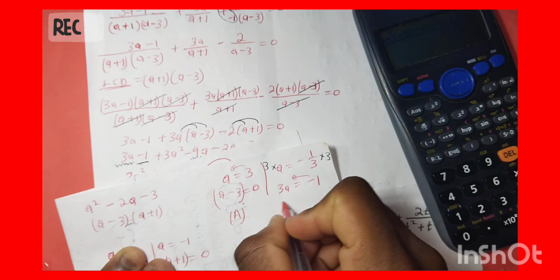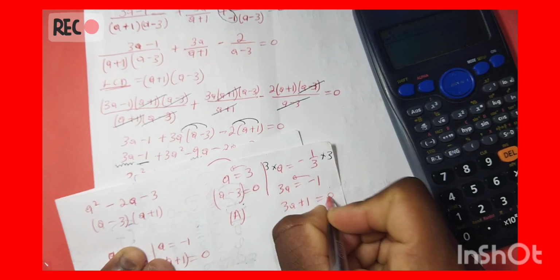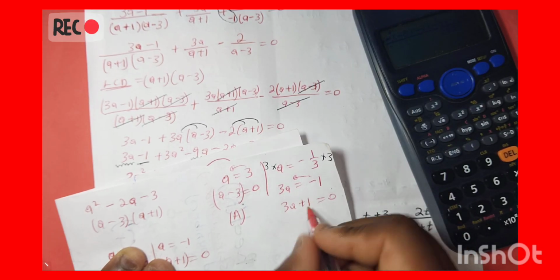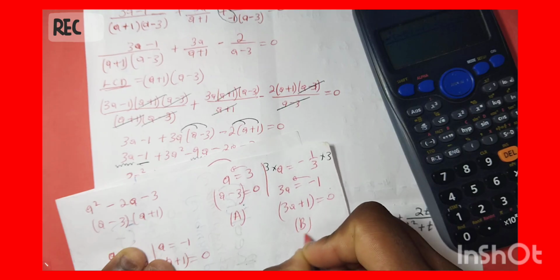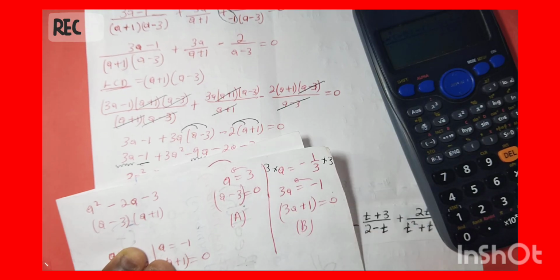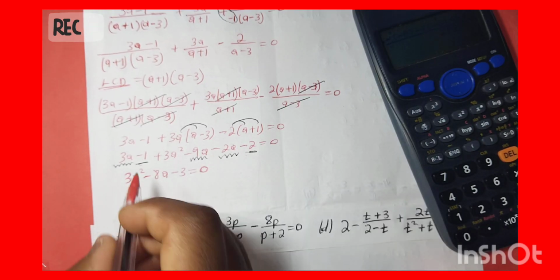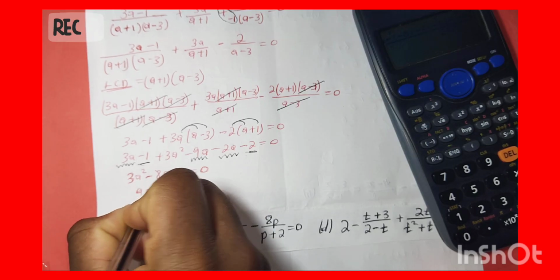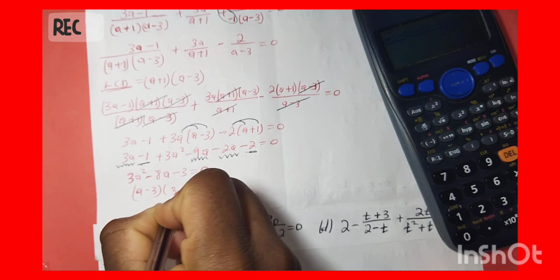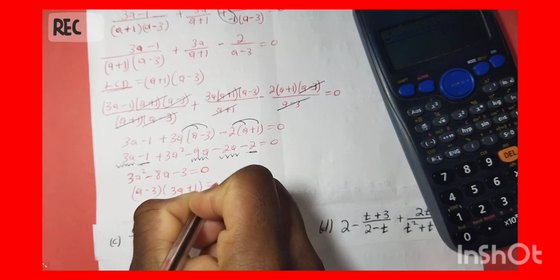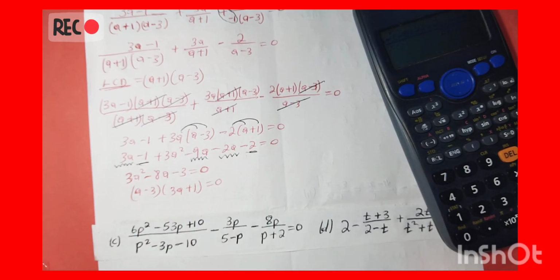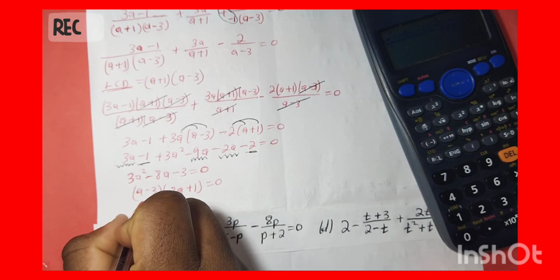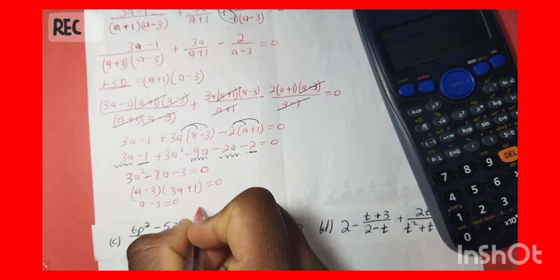Take that one to the other side, meaning that 0 is the subject of this equation for bracket b now. Do you see? So now let me just take that bracket b and write it here, which is that thing that will become like a minus 3, and here it's 3a plus 1, which is 0 there. Then what I do there, I'll equate each bracket by 0, applying the zero law.